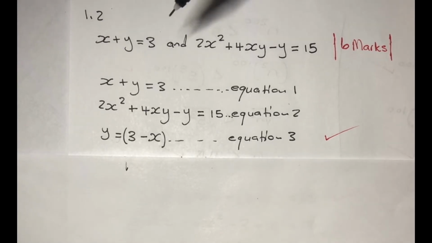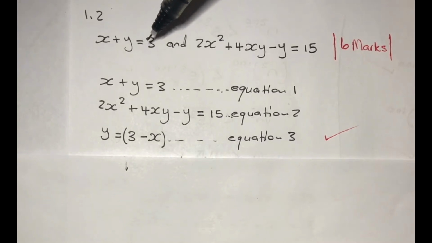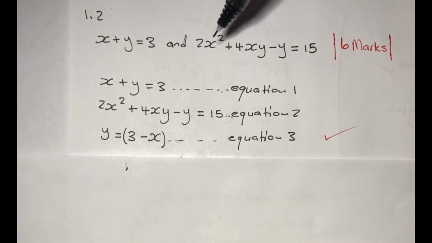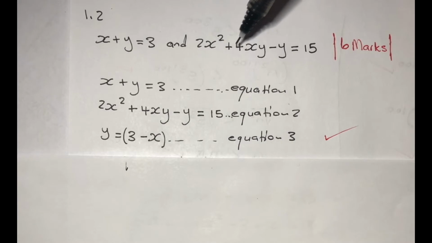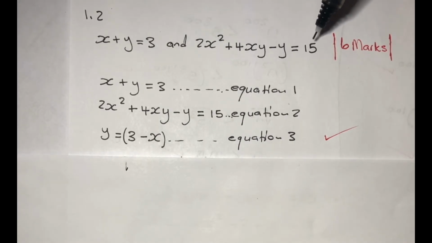So you're given two equations, the first one being x plus y is equal to 3, and the other one is 2x squared plus 4xy minus y is equal to 15. And this question is allocated 6 marks. Normally simultaneous equations are not that complicated.